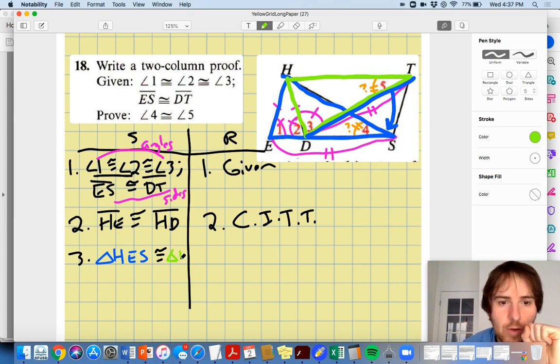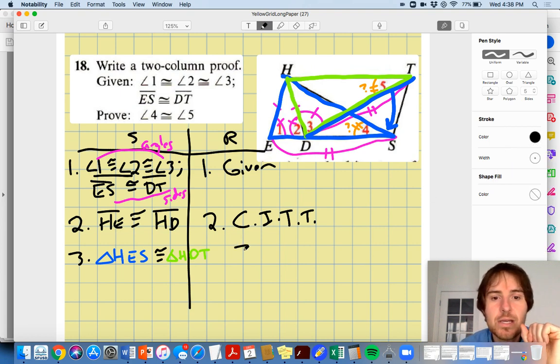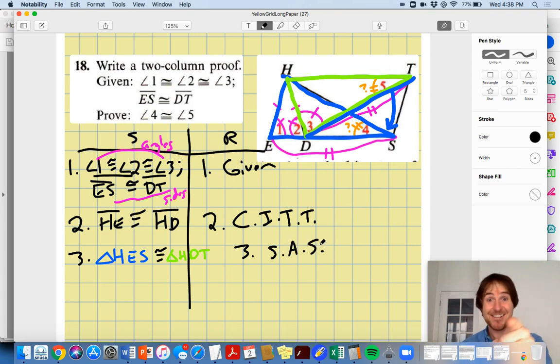So I'm going to do it in the correct correspondence here. HD, and then what else? ES corresponded with DT. So that means ES, and then perfect, we have a D there, DT. There we go. Triangle HES is congruent to triangle HDT. And the reason for that is SAS, my friends. Yes, SAS. And there we go. We got it now.